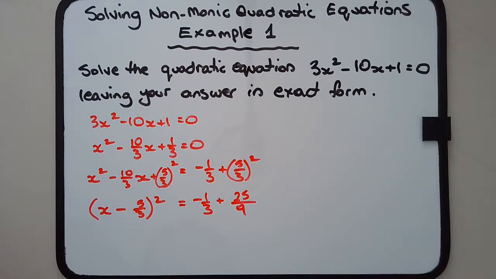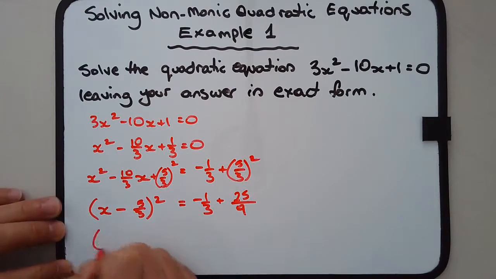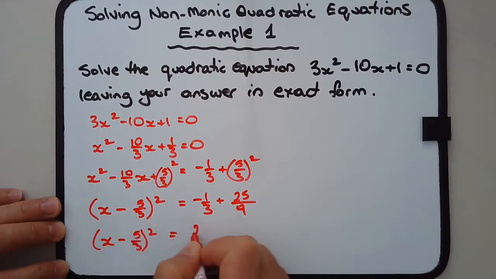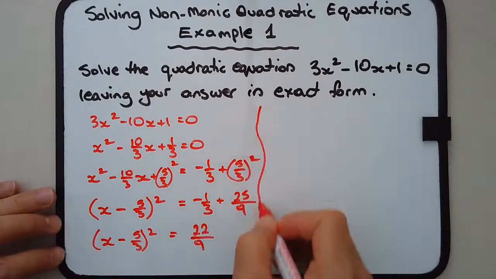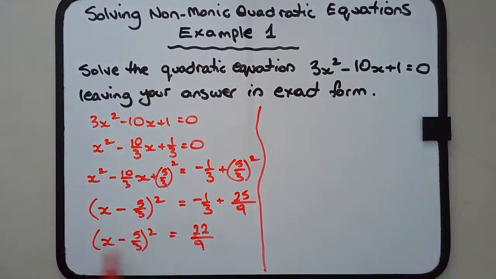Now we can clean up the right-hand side. Negative 1 on 3 plus 25 on 9 is 22 over 9. Now what we can do is take the square root of both sides.